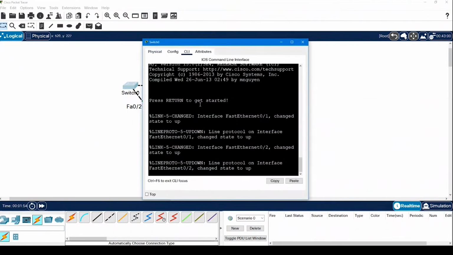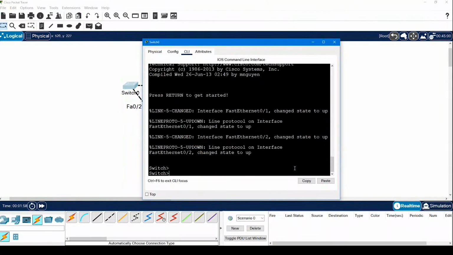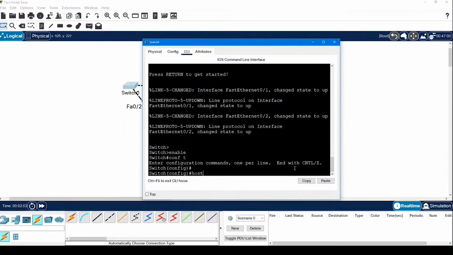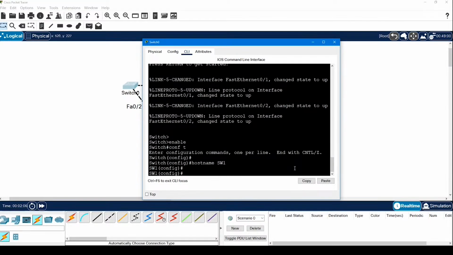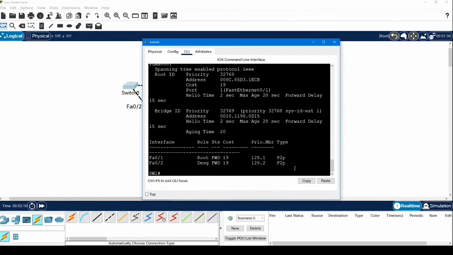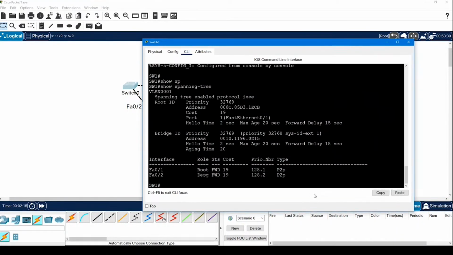So if we go to the CLI of switch number 0, enable, conf t, change the name to switch 1 and say show spanning-tree. Once you press enter, it gives you some information about spanning tree, which says root ID.